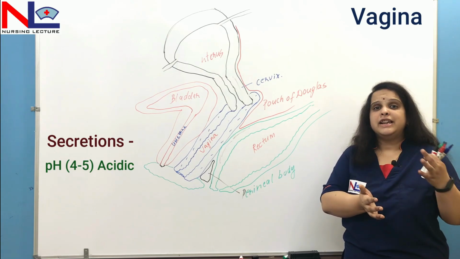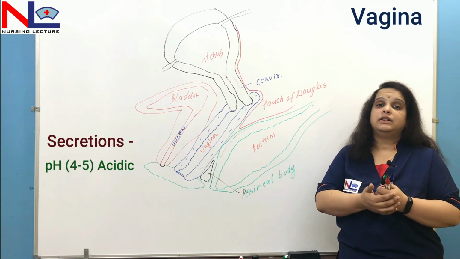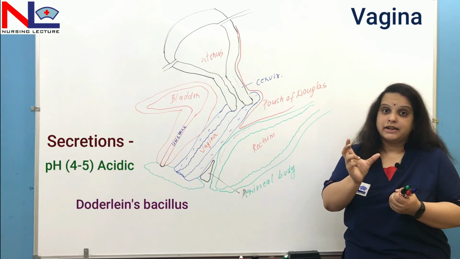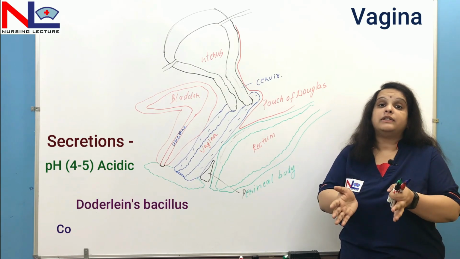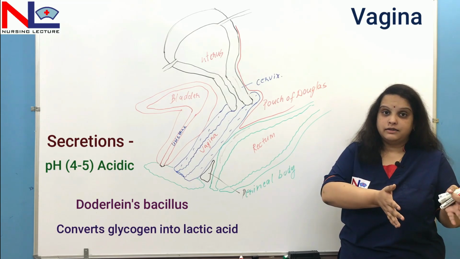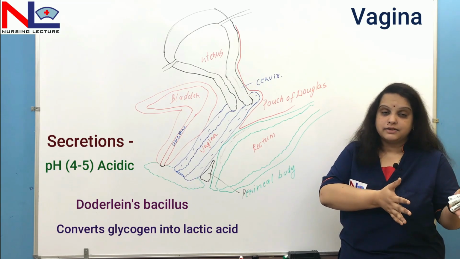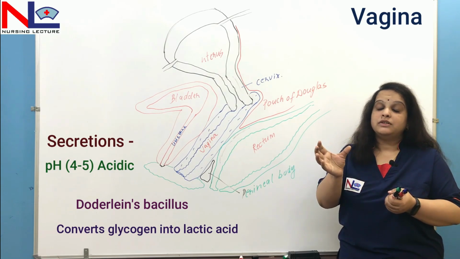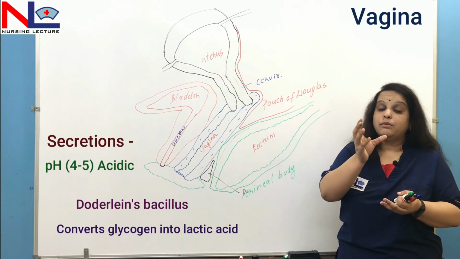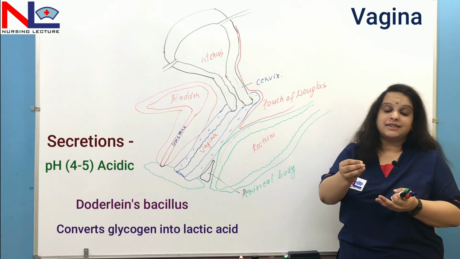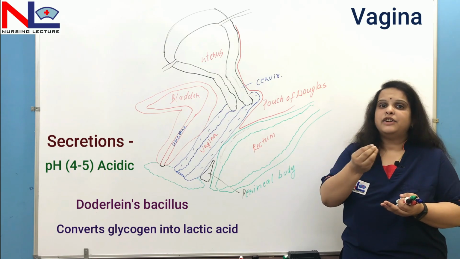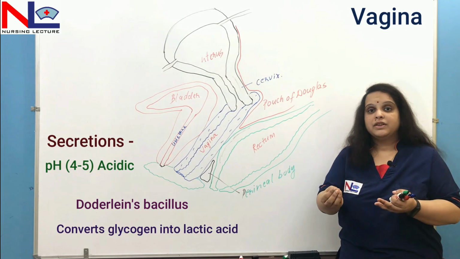This estrogen provokes the bacilli present in the vaginal wall, that is Doderlein bacilli, to convert more glycogen into lactic acid through the exfoliated cells. So the bacilli break down the glycogen and make more lactic acid, and thereby the pH of the vagina remains acidic, ranging from 4 to 5.